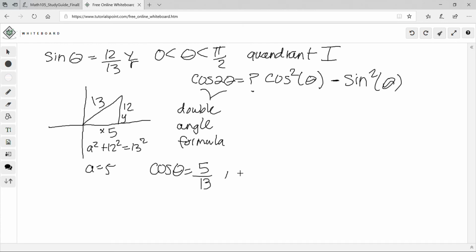And our sine theta is y over radius, which is 12 over 13. So now we just do cosine squared theta, which is 5/13 squared, minus 12 over 13 squared.